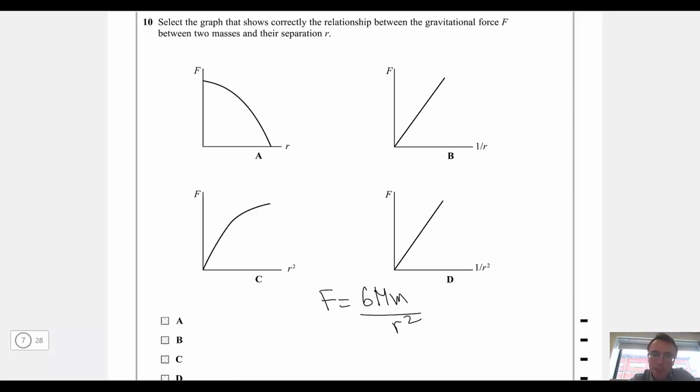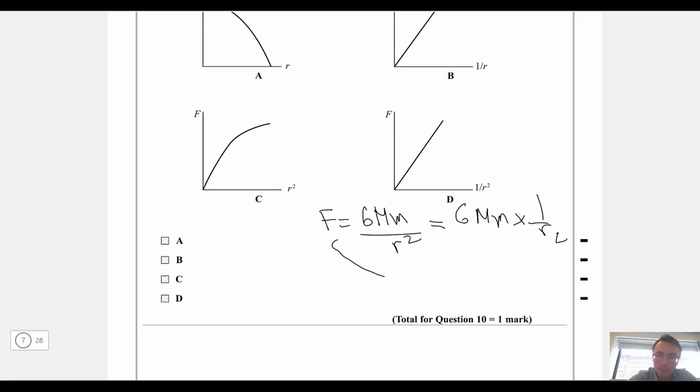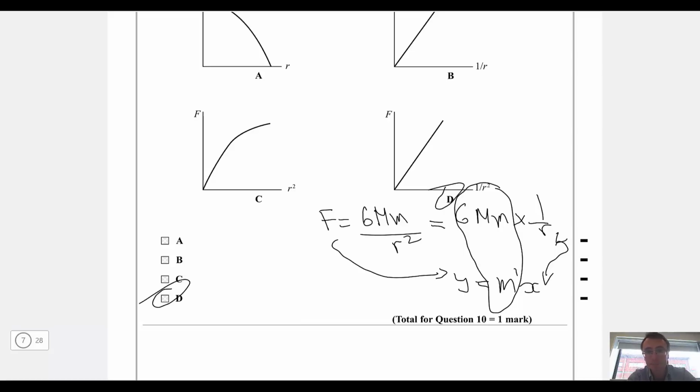So if that's the case, if we were to plot a graph of F against 1 over r squared, we are going to get a straight line through the origin, because if this is on the y-axis, and this is on the x-axis, then my gradient will just be equal to this, where this M here is the gradient. I'll give it a little prime. Correct answer has got to be D.